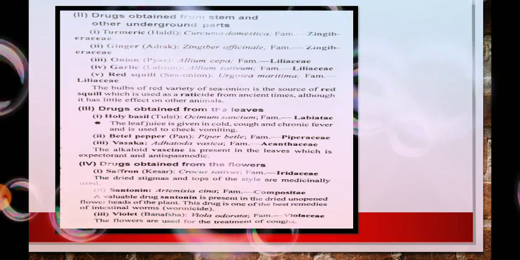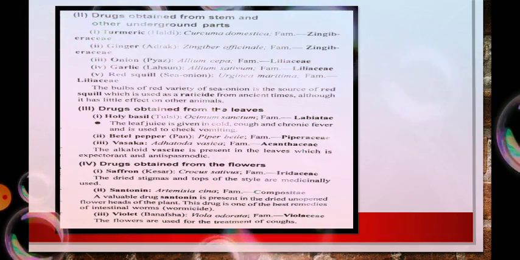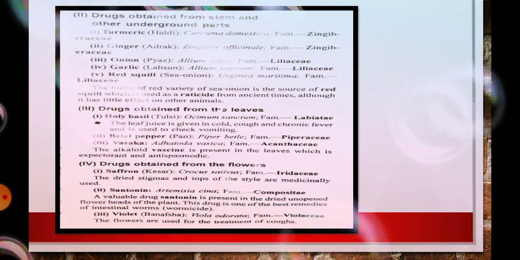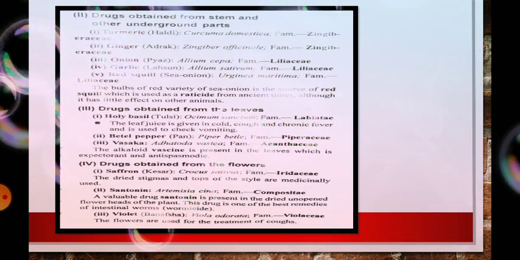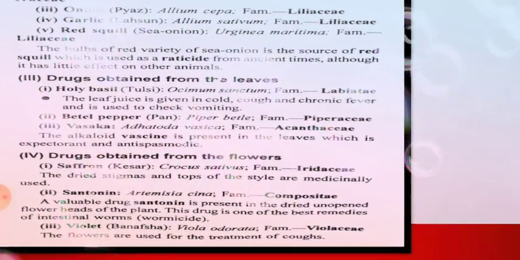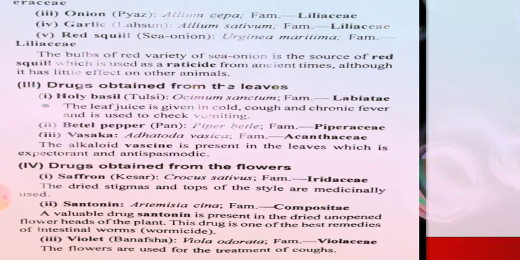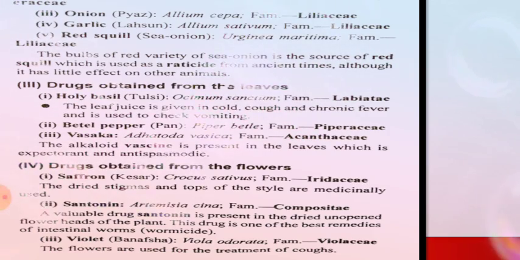Its scientific name is Ocimum sanctum, and it belongs to the family Labiatae. The leaf juice is given in cold, cough and chronic fever, and is mainly used to check vomiting. So these are some uses of holy basil, or tulsi.